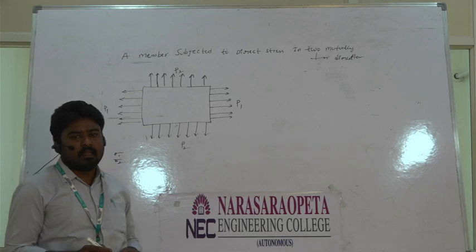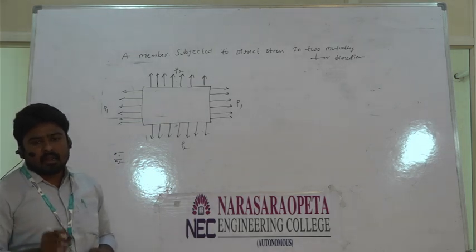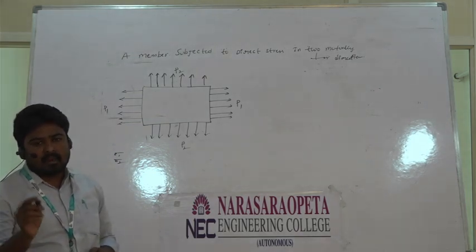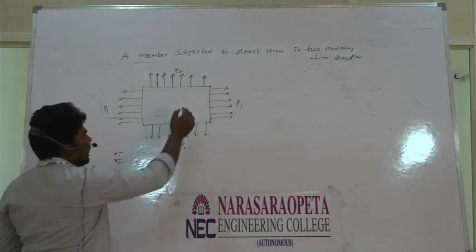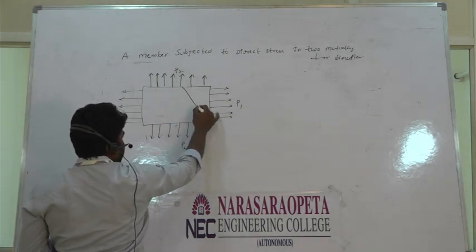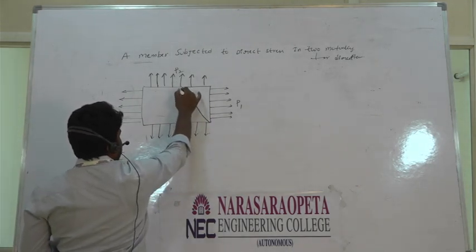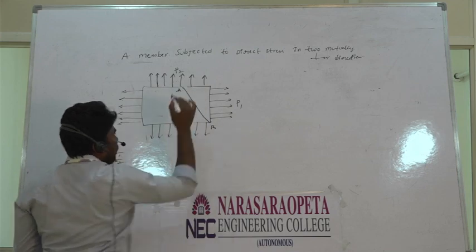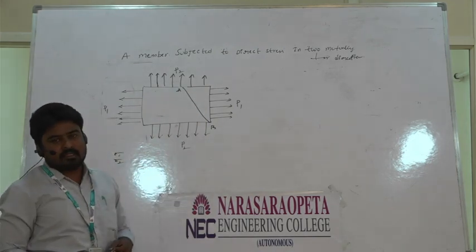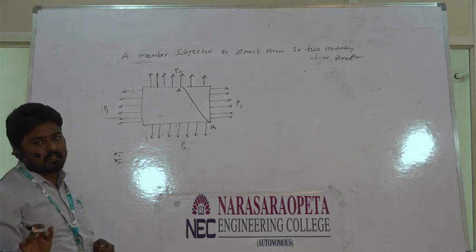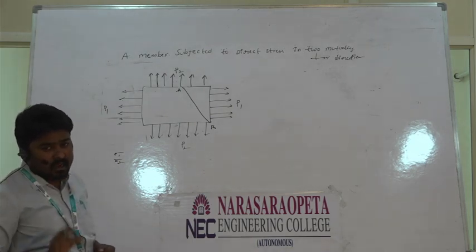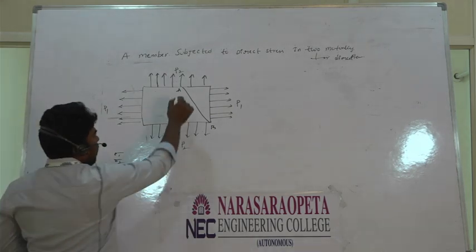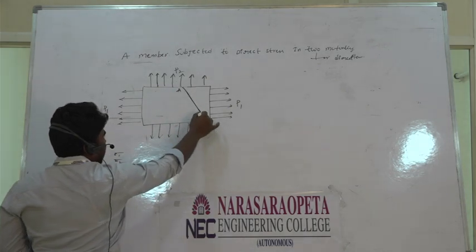To find the normal and tangential stresses on plane AB, that one is an inclined plane. So we take an inclined plane AB to find the normal stresses and tangential stresses on plane AB.